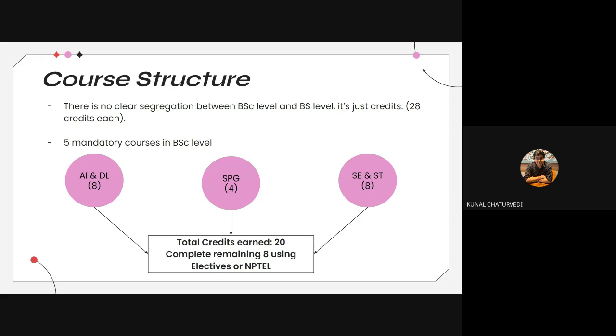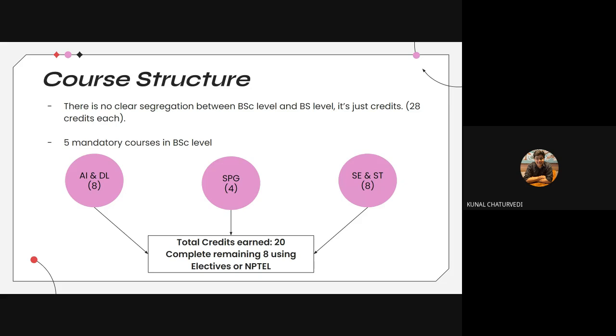These are just credits. So basically, if there are 28 credits that you have to complete, with these five mandatory courses of 4 credits each, you'll end up having 20 credits, which is mandatory to do inside of BSc level.